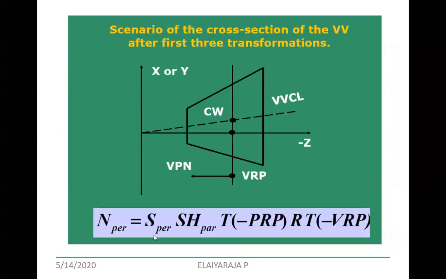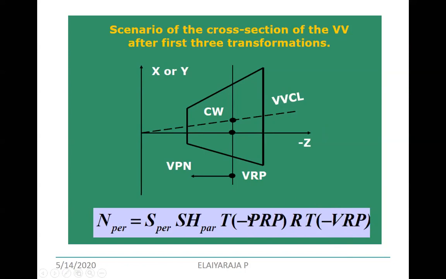When you write the scenario for perspective projection, the transformations you perform first bring the viewing reference point to the origin. For that, the series of actions is rotation and translation. You are performing the translation to bring it to the origin.